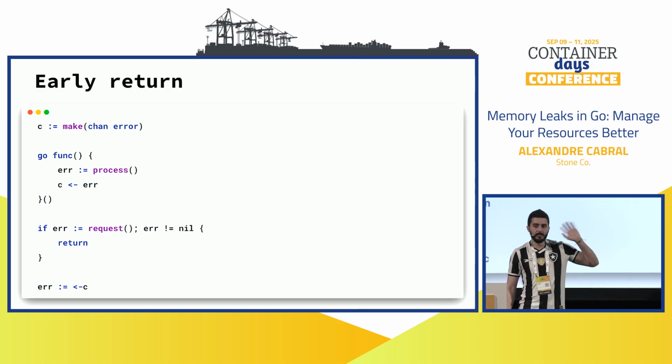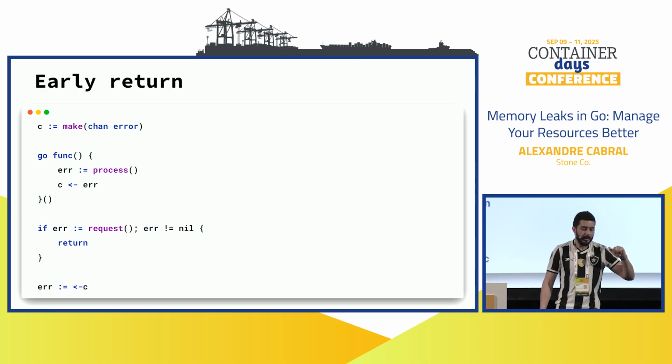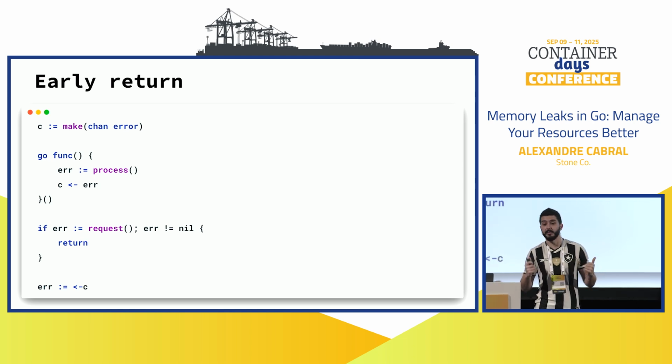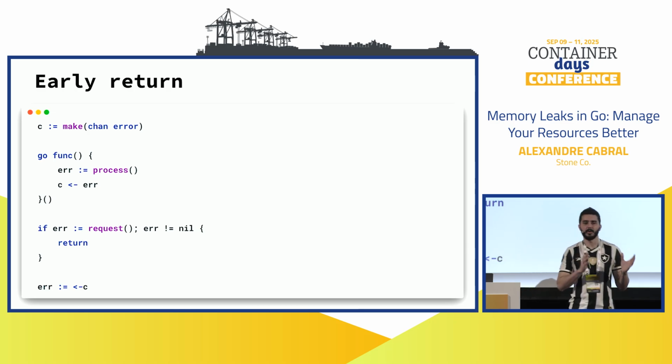So in this case, what I'm doing here is creating an error channel, and I have a goroutine function that will process something and produce to my error channel the error that happened in my process. After, I have a request, and if something goes wrong, I return. And then I have the consumer. But the problem here is that I have an unbuffered channel.